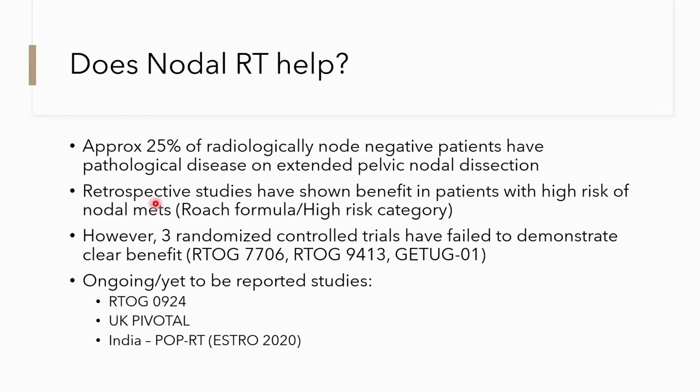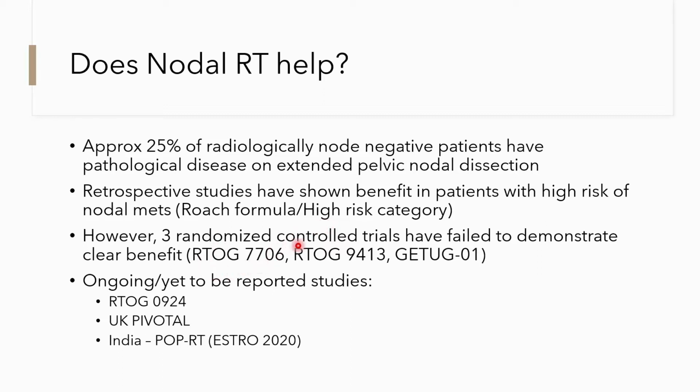And there have been retrospective studies which have shown the benefit of giving whole pelvic radiotherapy in patients with high risk of nodal metastases with the Roach formula or patients in high risk category. However, if you look at the 3 randomized control trials that have tested this, all of them have failed to demonstrate a clear benefit. It started several years back with the RTOG 7706.